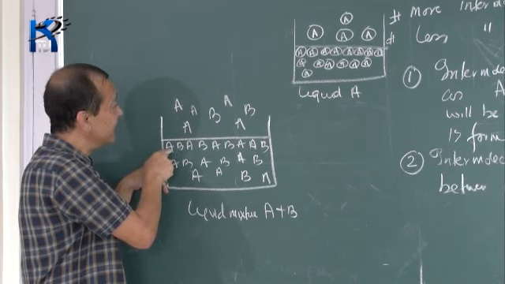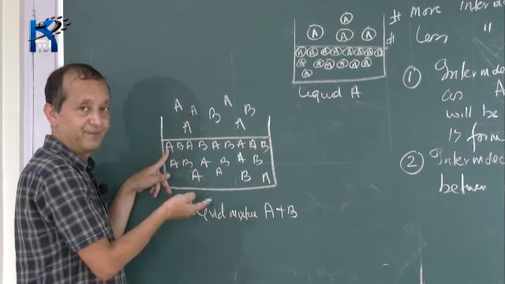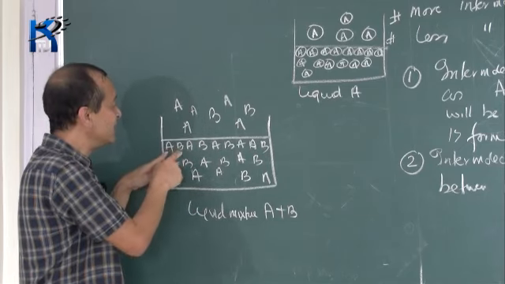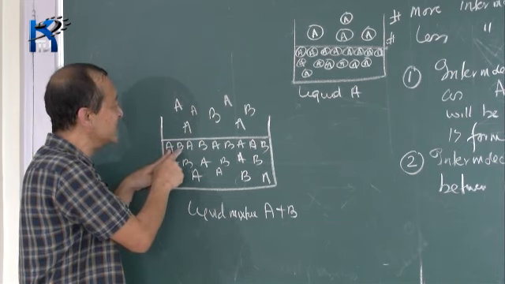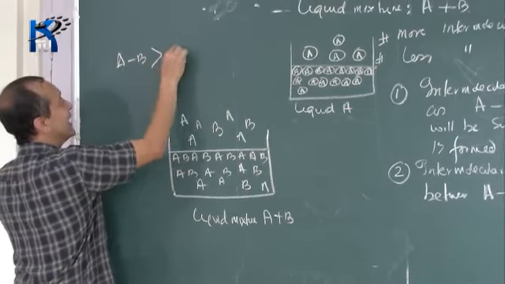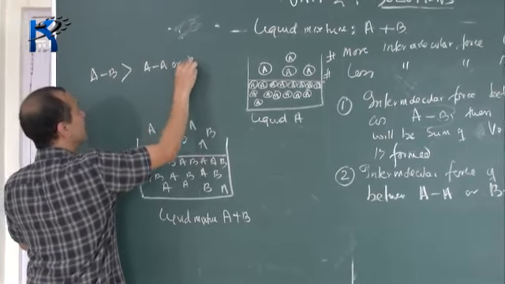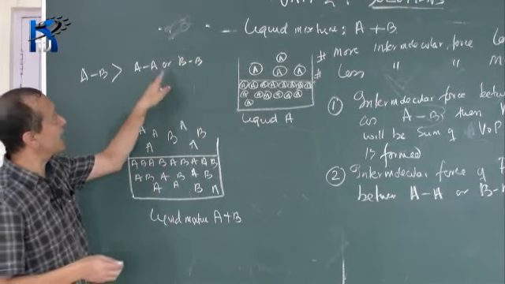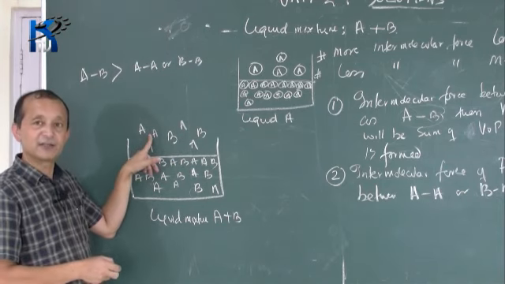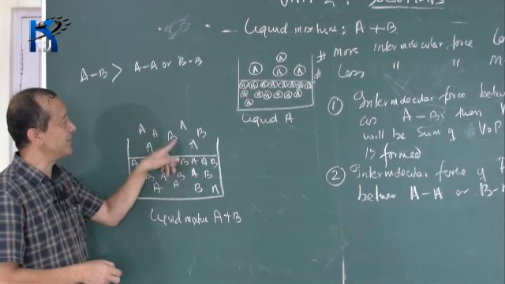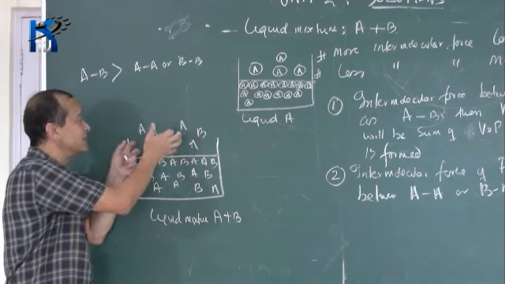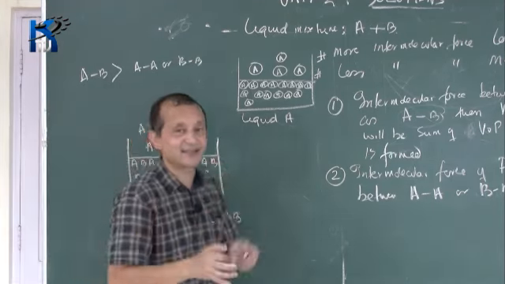Now, if the intermolecular force of A and B is more, then obviously the amount of A will be less. In the same way, if the intermolecular force between A and B is more than that between B and B, that means if AB is greater than AA or BB, in that case naturally the amount of A on the surface will be less, and the amount of B above the surface will also be less. So the vapor pressure in this situation is less.